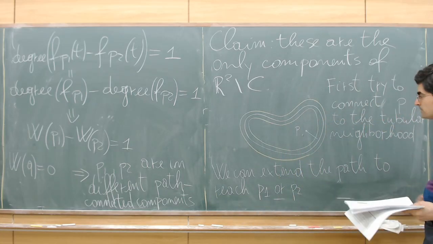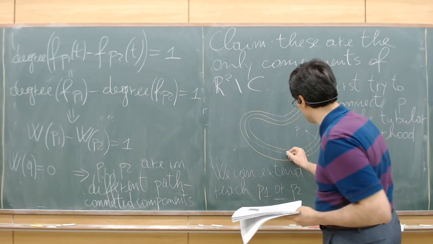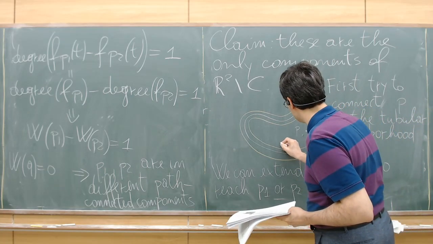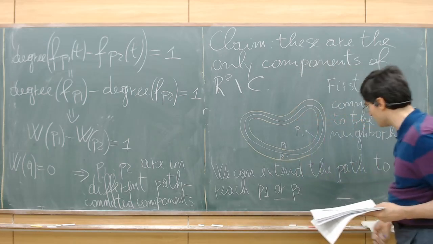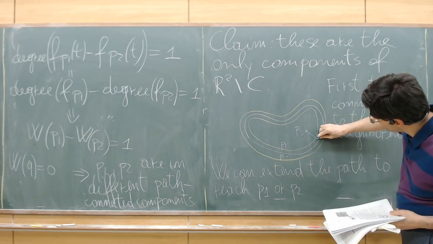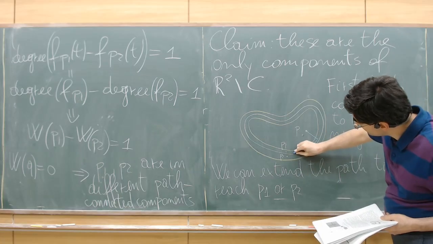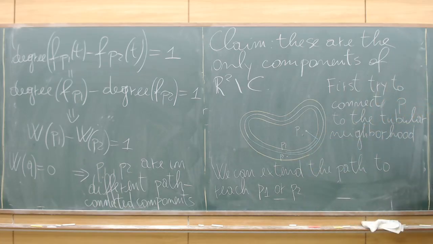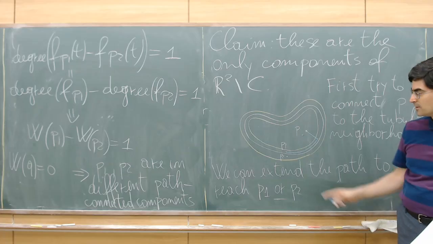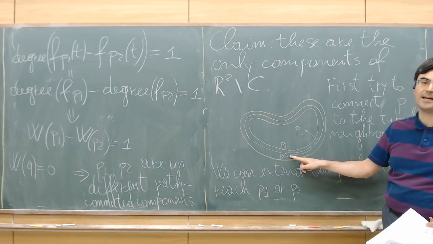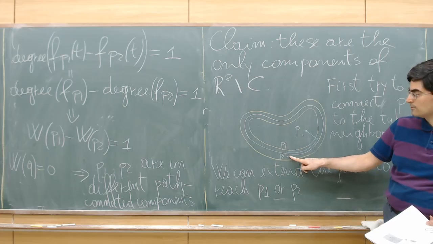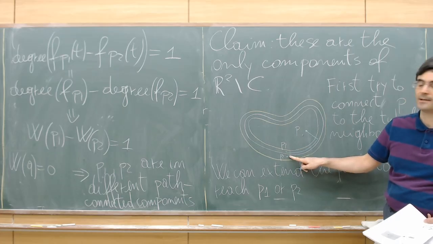For example, if P1 is here and P2 is here, you can do this way. In this case, you can reach P1 and not P2 because P2 is located on the other side with respect to the trace of gamma.